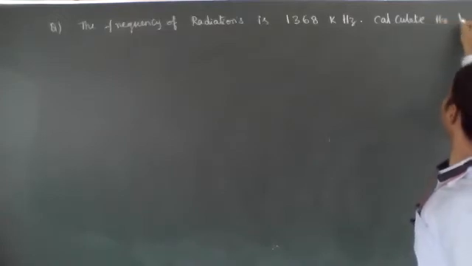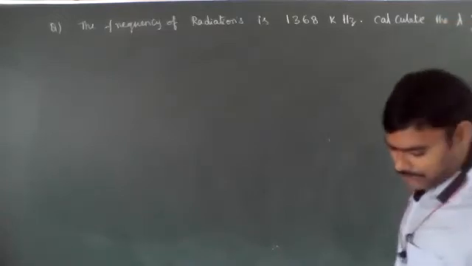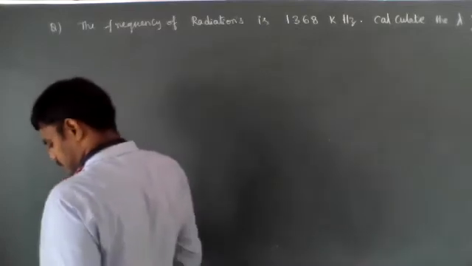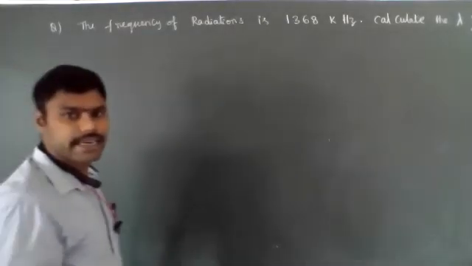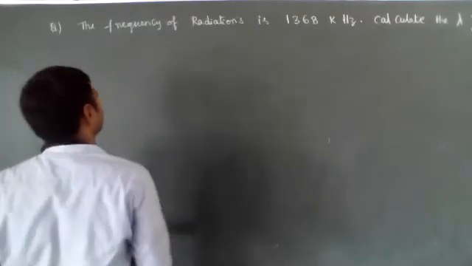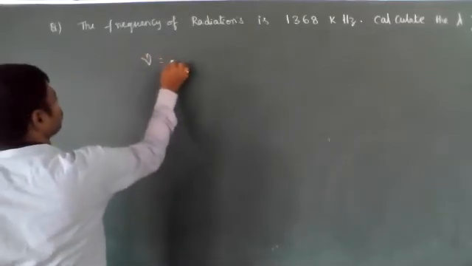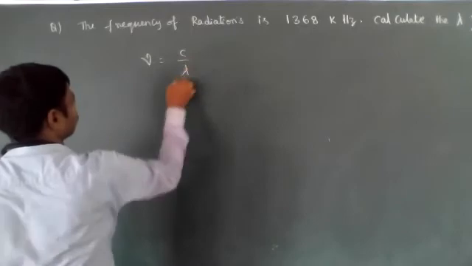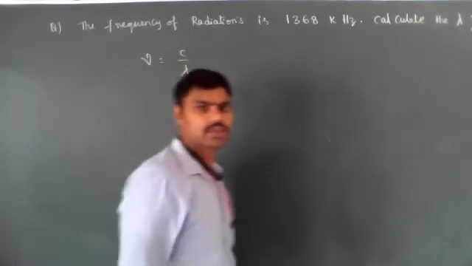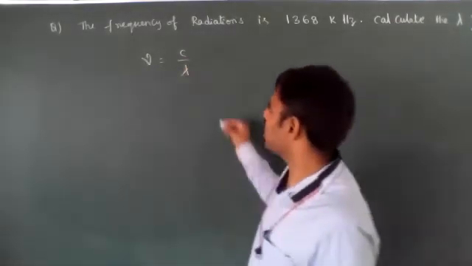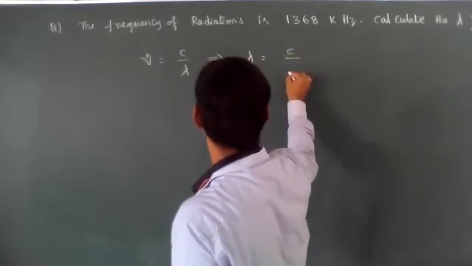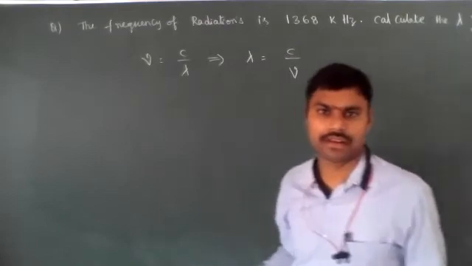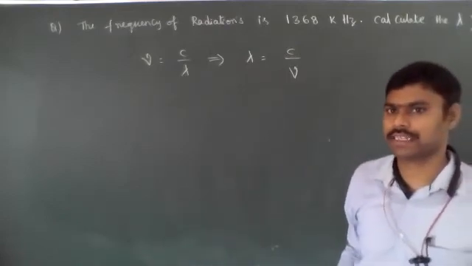In this case, we already know the direct formula: the frequency nu is equal to c by lambda. The lambda value we need to calculate, so the wavelength lambda is equal to c by nu.